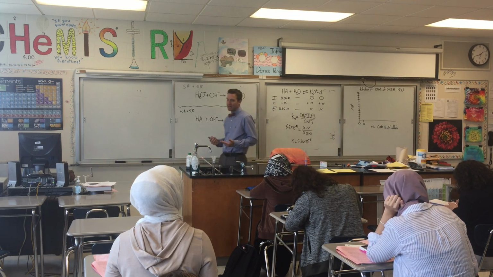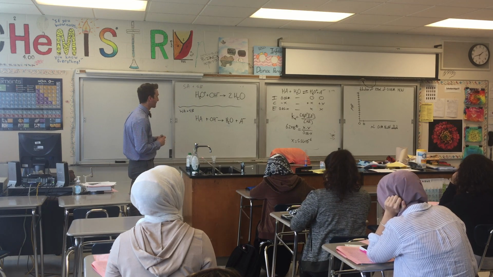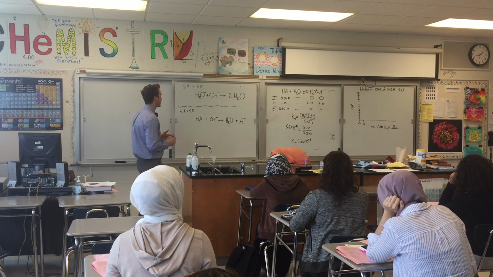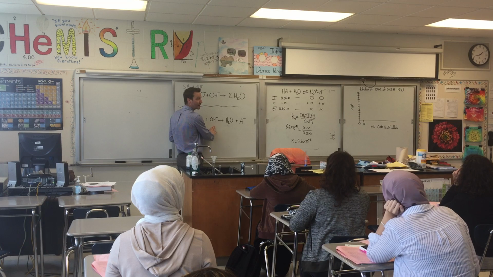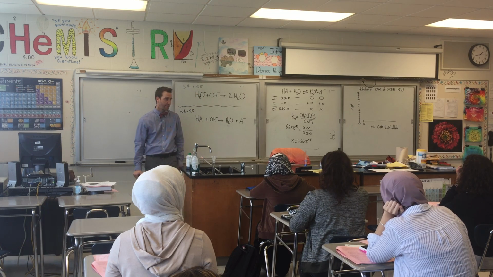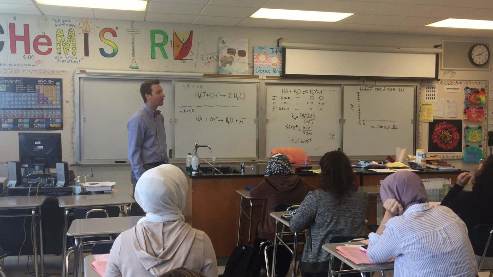What will the pH be after we've added 10 milliliters of NaOH? The first thing we have to do is figure out, with the amounts we have, how many moles of each of these we have. We have 100 milliliters of 0.05 molar HCN.